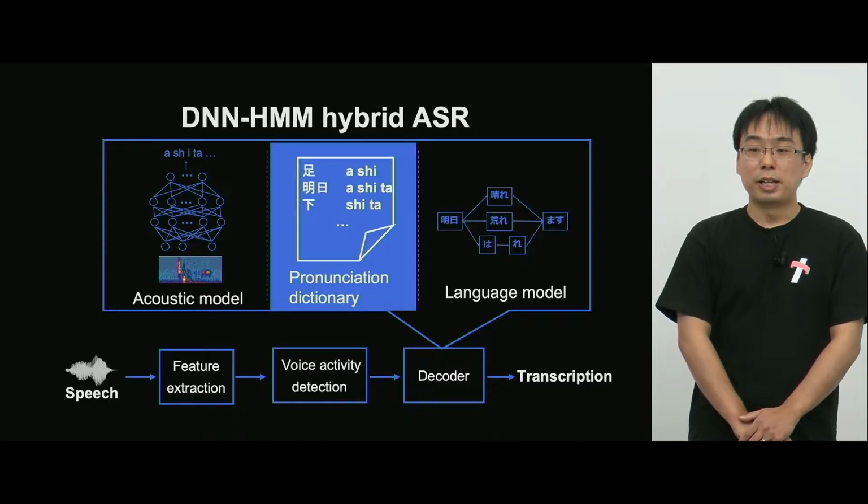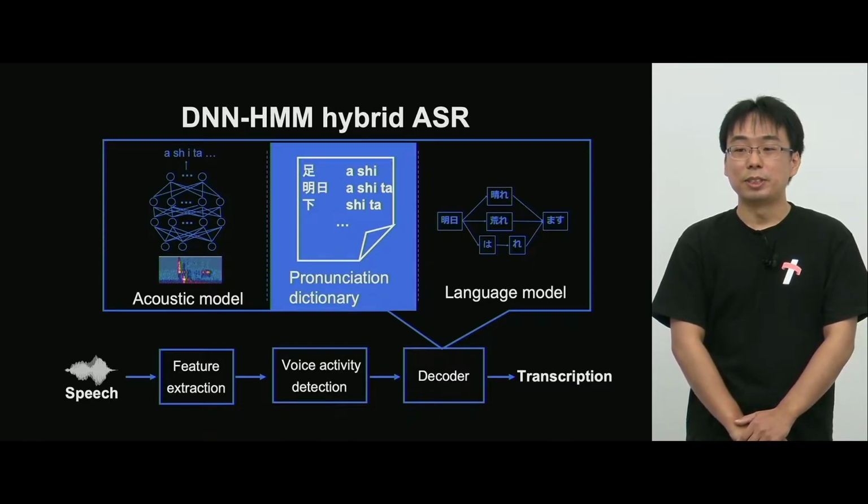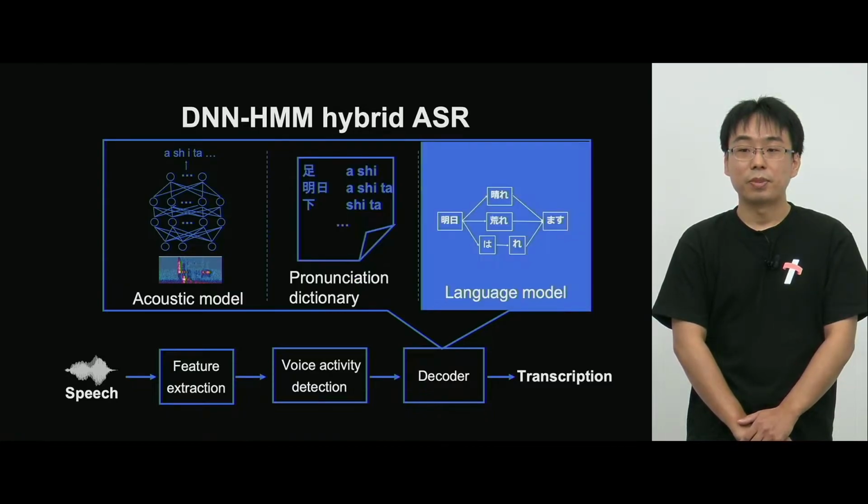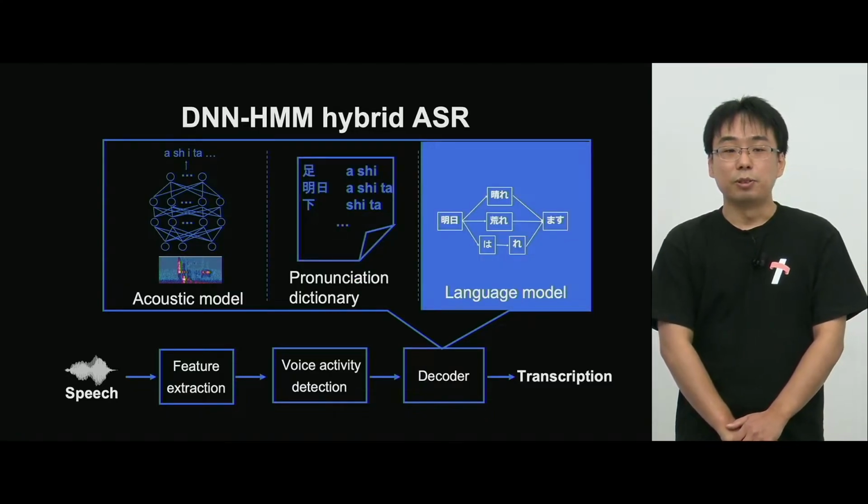The point I'd like you to be careful about is that the conversion from phonemes to words is not necessarily unique, and there can be multiple notations. Therefore, you can come up with candidates of multiple sequences of words here.